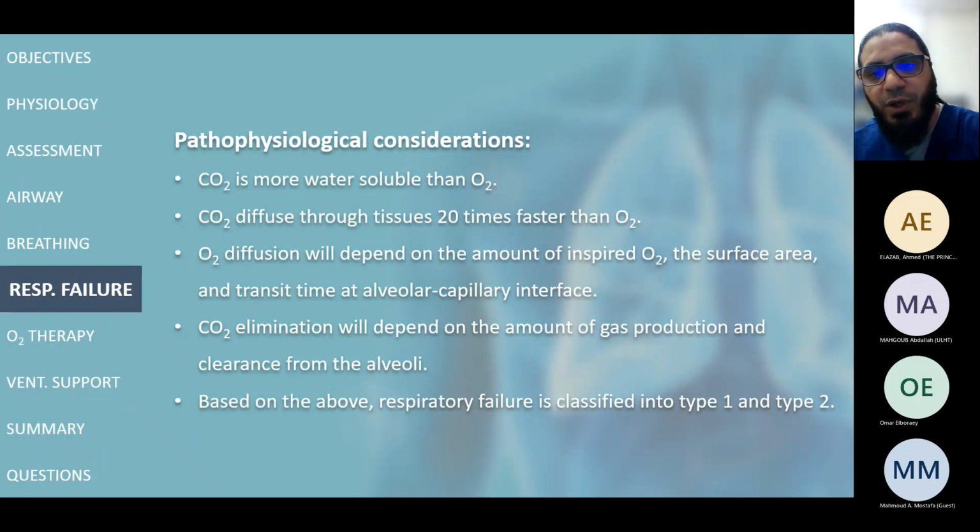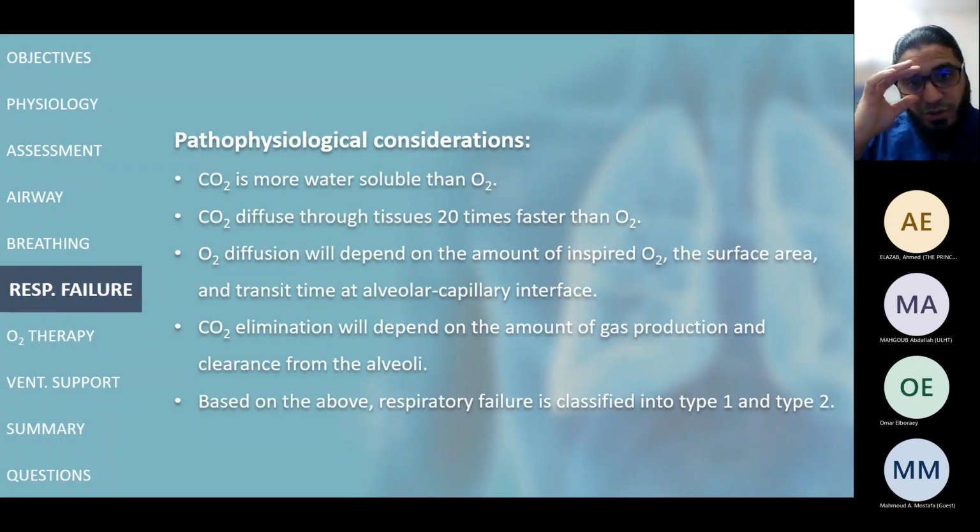So the air in the alveoli needs to be renewed by inhalation of a new one and exhalation of the old one. A defect in the ventilation will cause the retention of CO2. So based on the criteria of oxygen and carbon dioxide, they have classified the respiratory failure into type 1 and type 2.